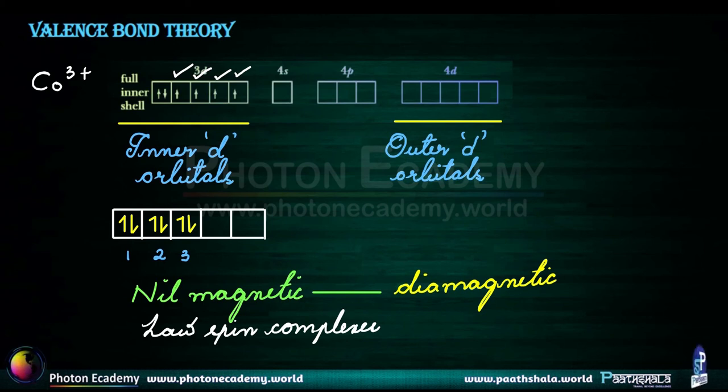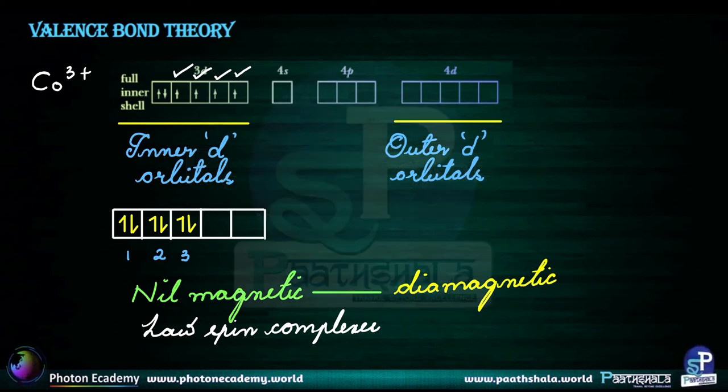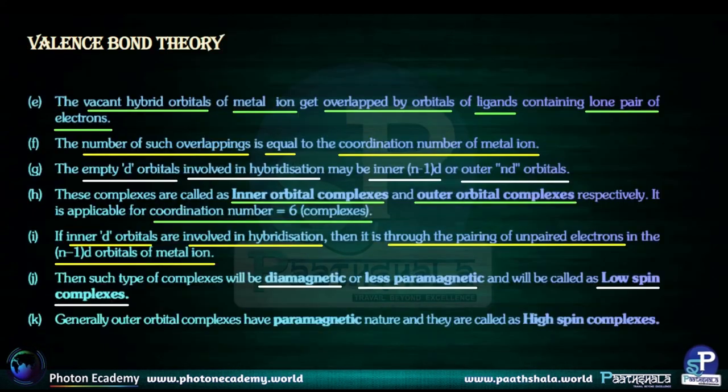So remember, the more unpaired electrons present, the more the spin of that complex. And by the same logic, the fewer the unpaired electrons present, the less the spin of that complex. Generally, outer orbital complexes have paramagnetic nature, and they are called high spin complexes.